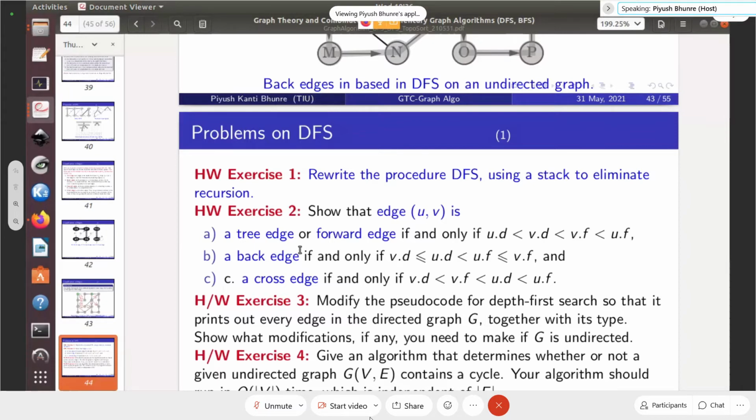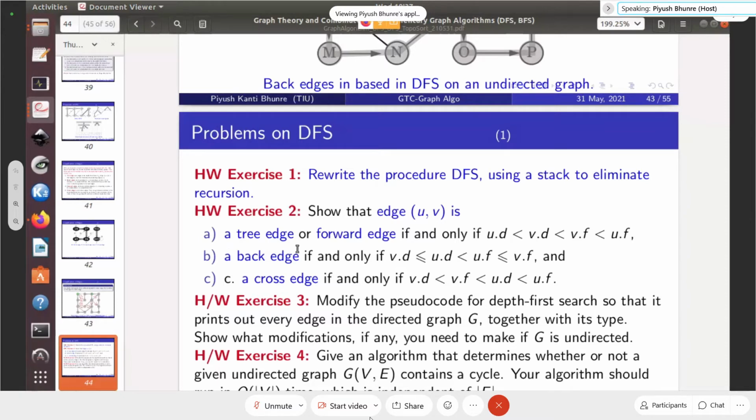There are three such conditions. If they are satisfied, you can immediately classify them. In fact, if you design your algorithm properly, you can classify the edges during its execution, but we can also characterize the edges based on the discovery and finish times.